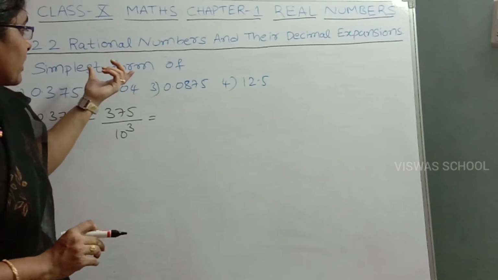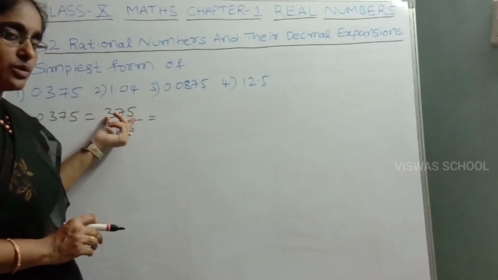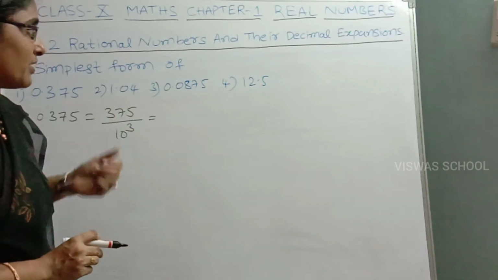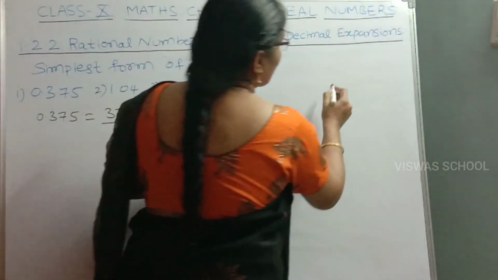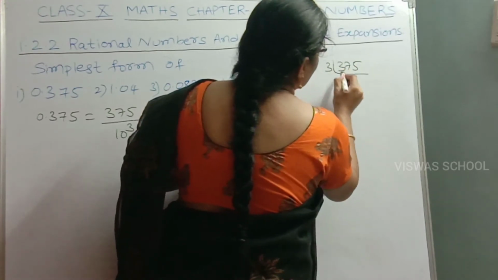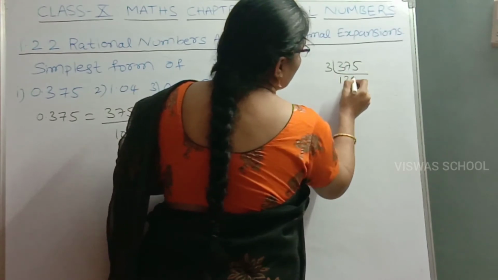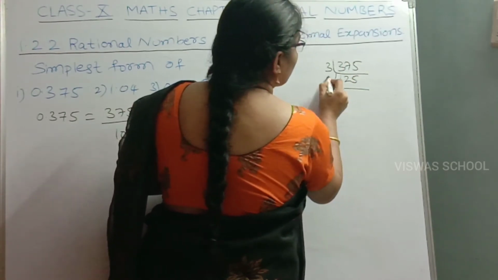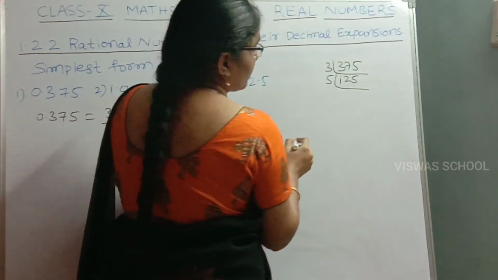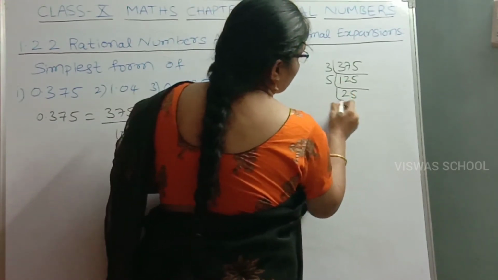For writing the simplest form, first convert this numerator part into the product of prime factors. As we discussed before, 375: 3 ones are 3, 3 twos are 6, remaining 1; 3 fives are 15. Now with 5, 5 twos are 10, remaining 2; 5 fives are 25.